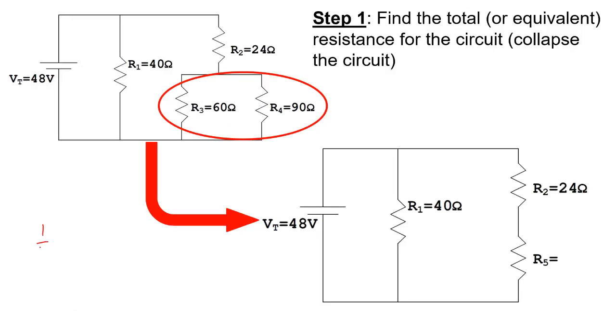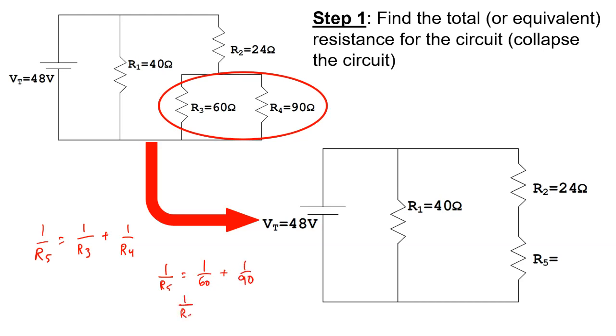So resistor 5, using our parallel circuit setup, 1 over R5 will be equal to 1 over 60 and 1 over 90. So I'll give us a little more space here. So 1 over R5 will be 1 over 60 plus 1 over 90.